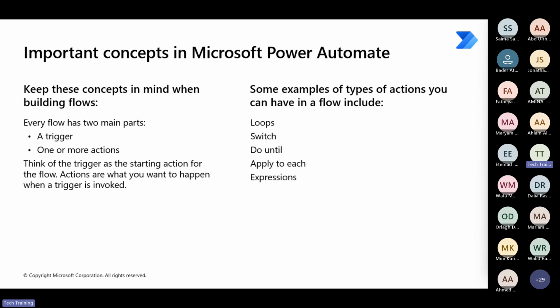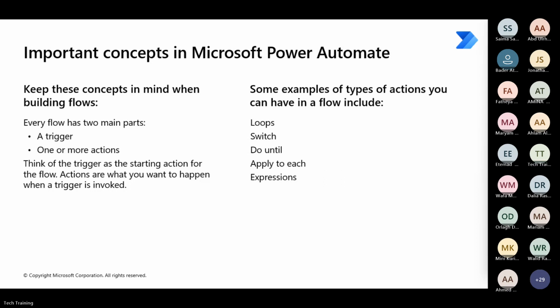We have the switch and do until, apply to each, and we can use the expressions. So in brief, loops run an action until conditions are met. Switch identifies a single case to execute based on the evaluation input.